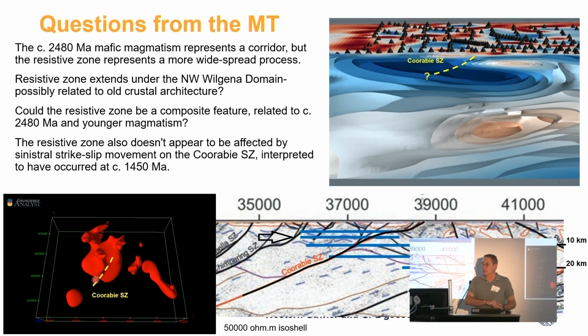So the Kurubi movement is interpreted to have occurred at 1450. Could this be a young feature? So we've got something big, something prominent, but based on our current understanding, it doesn't really make much sense, unless perhaps our current understanding is not right. These are things that are just helping us to grow our ideas.